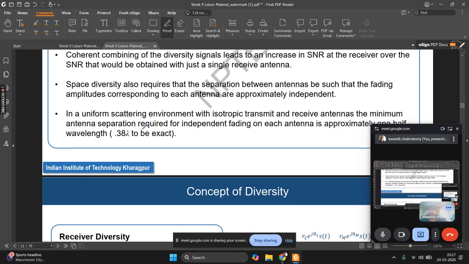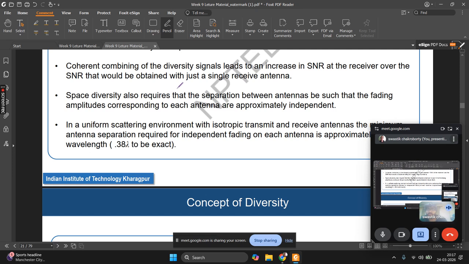But space diversity also requires the separation between antennas such that the fading amplitudes corresponding to each antenna are approximately independent. So they have to be well spaced apart to follow independent paths. If they are nearly co-located, of course you will not have path diversity.